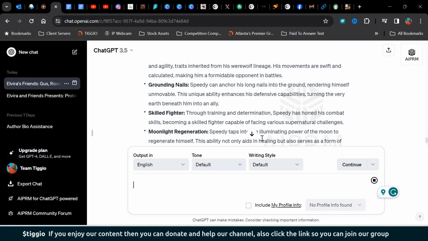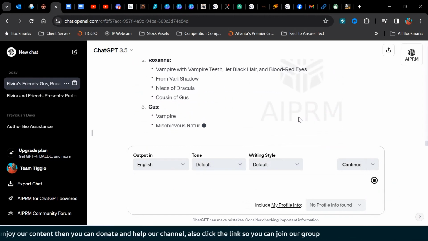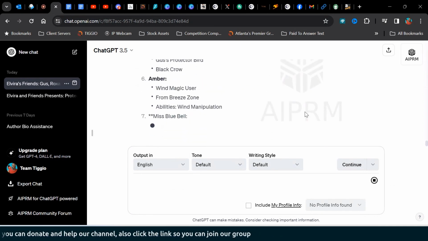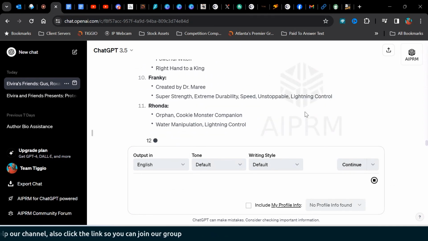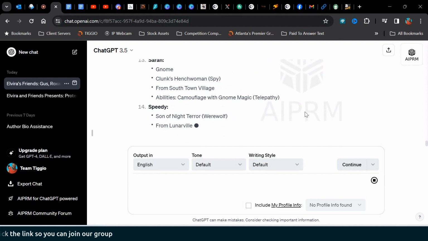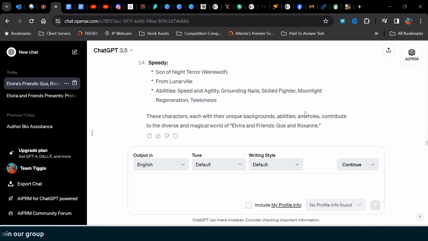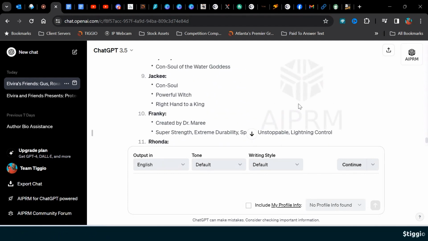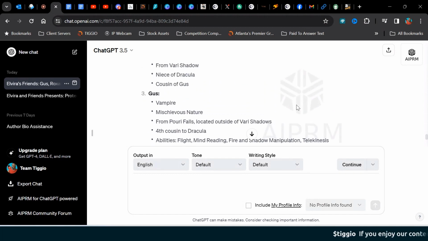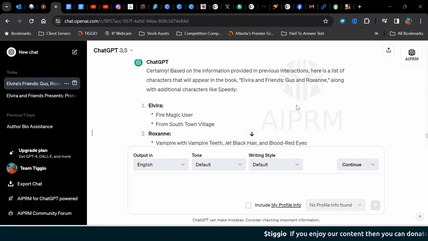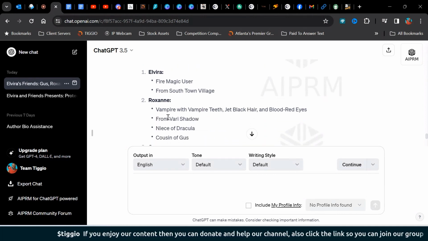All right, let's see if they list it. All right, so now you see that they listed a lot of the characters that will appear in this book, for example, Elvira, Fire Witch User from Southtown Village.